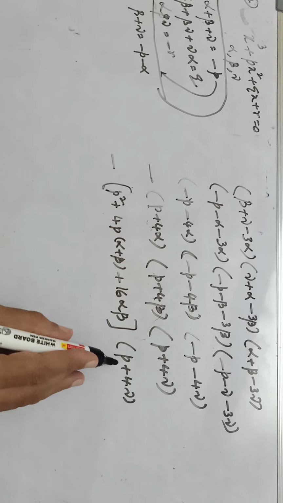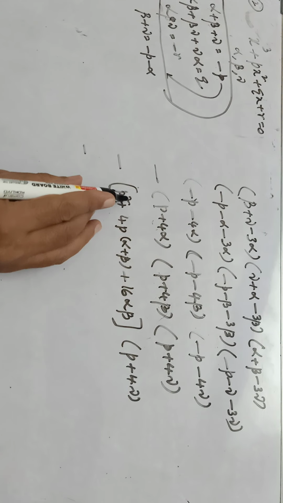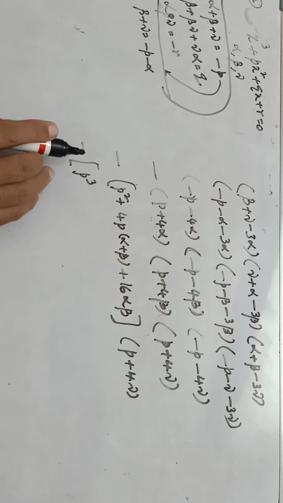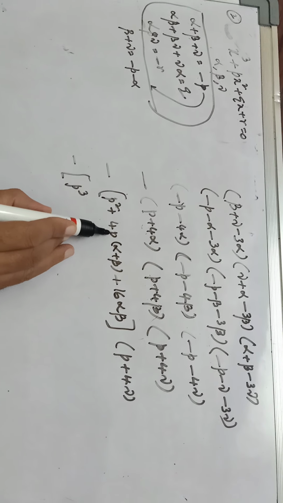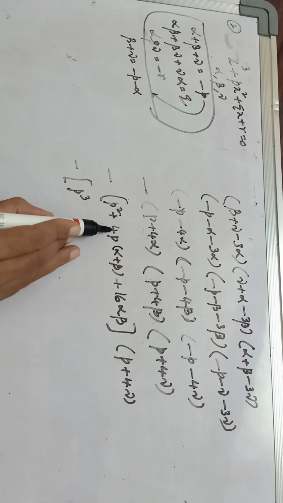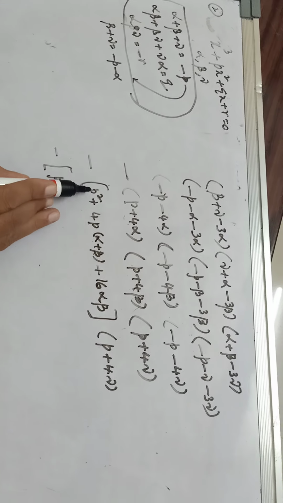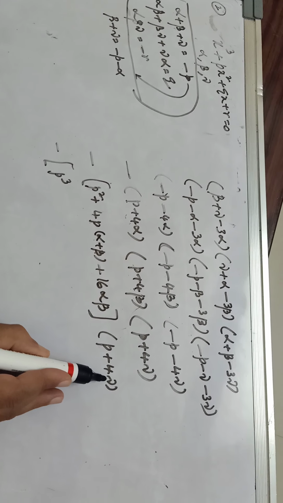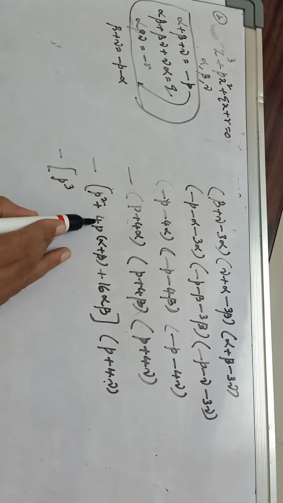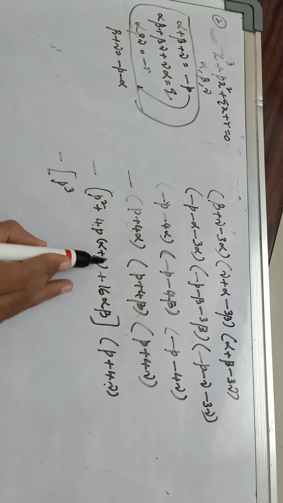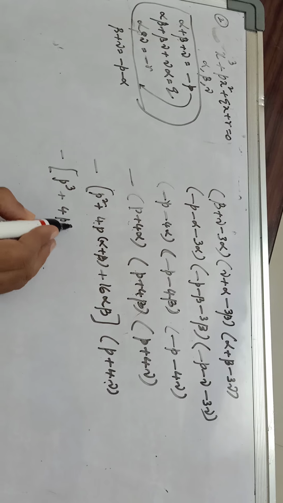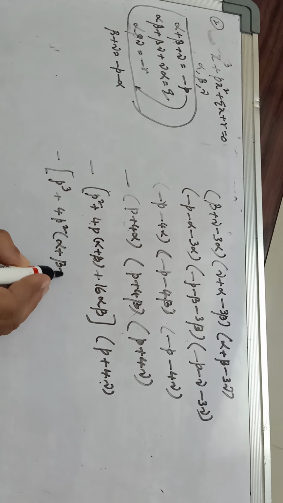Now multiply this with this, minus of p square into p, p cube. Here if you multiply this with p, 4p into p, 4p square into alpha plus beta. If you multiply this with this, you will get 4p square gamma. So 4p square (alpha plus beta) plus 4p square gamma. From these we can take out 4p square common, alpha plus beta plus gamma.